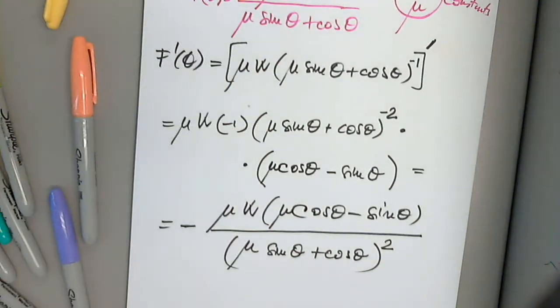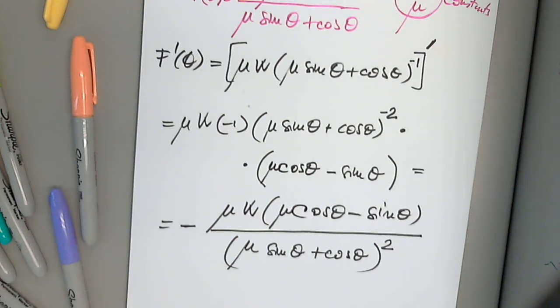Okay, let's see if we need to do this again. If we need to, we'll do it again. So I changed mu W over that into mu W times the denominator to -1. So the constant, when I differentiate, stays in front. I bring the power in front, and I subtract 1 from the power. But now I have to differentiate the inner function. When I differentiate this piece, I get mu cosine theta. When I differentiate this piece, I get negative sine theta.